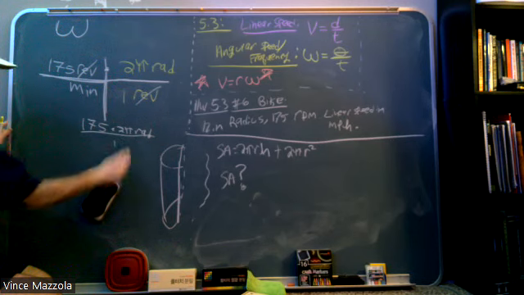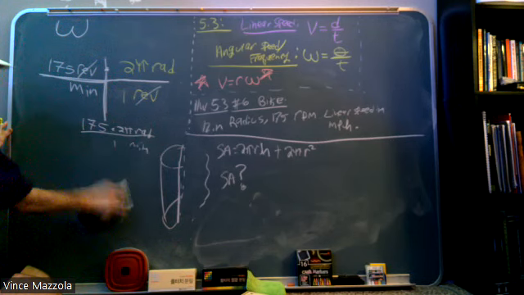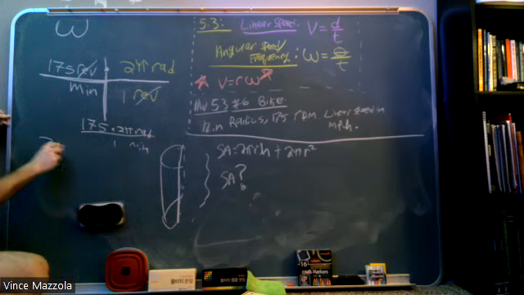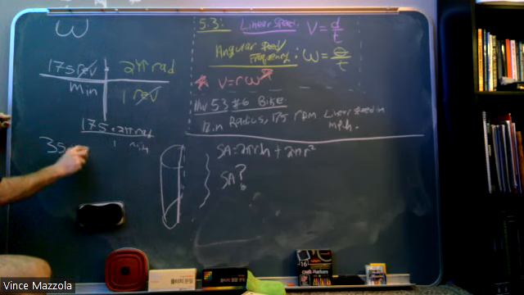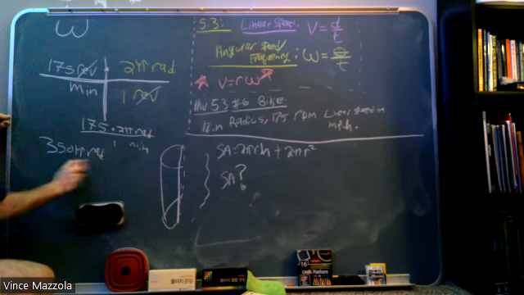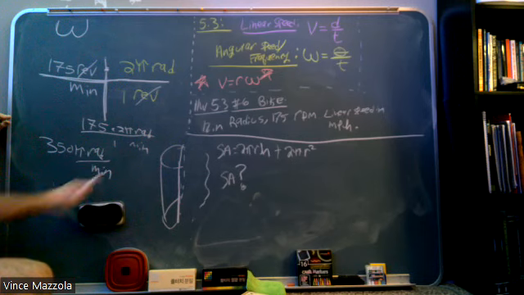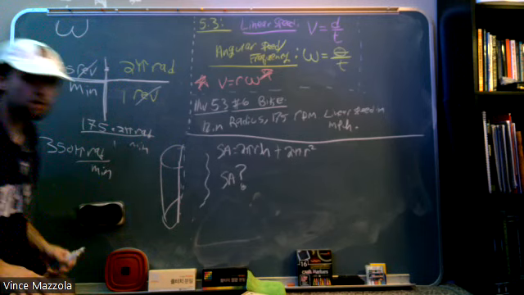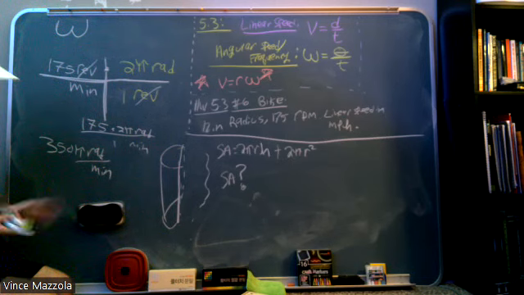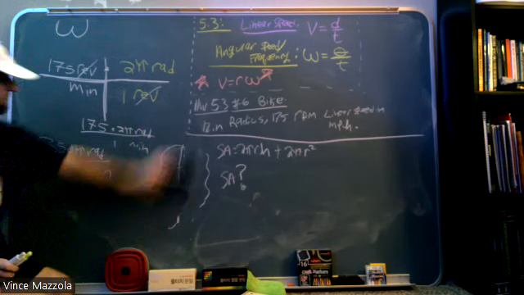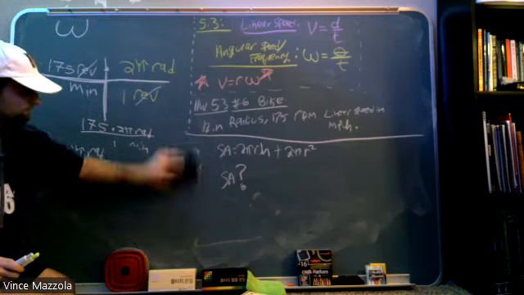And that's going to be under minutes. So now you have 350 pi radians per minute. Now, if you want to actually punch that in and get a decimal approximation, you want to do that at the end, because it's going to be very helpful for you.